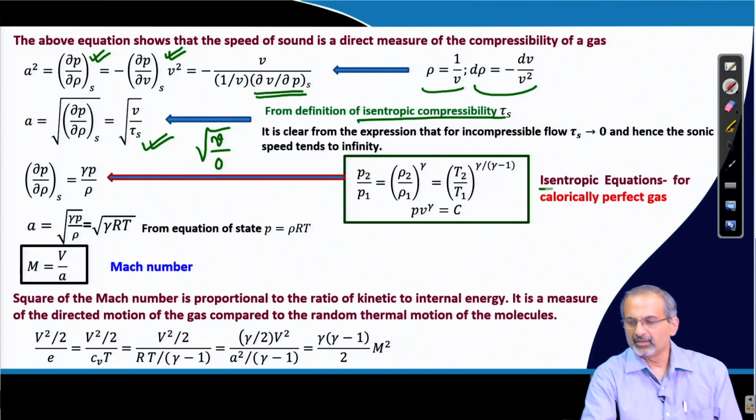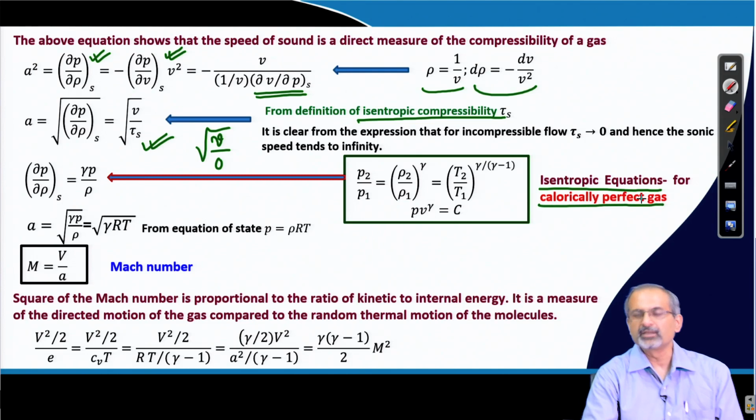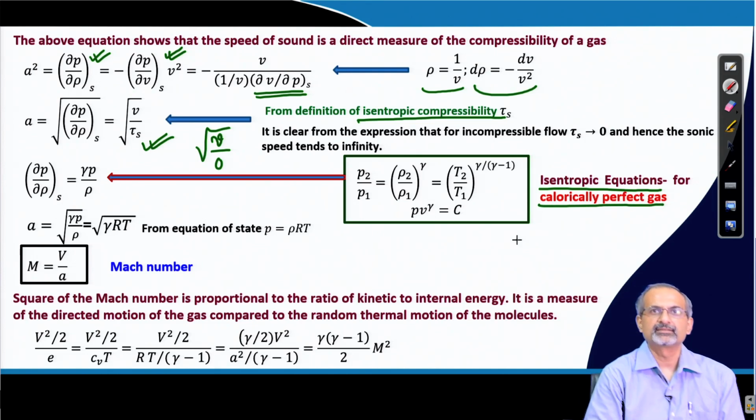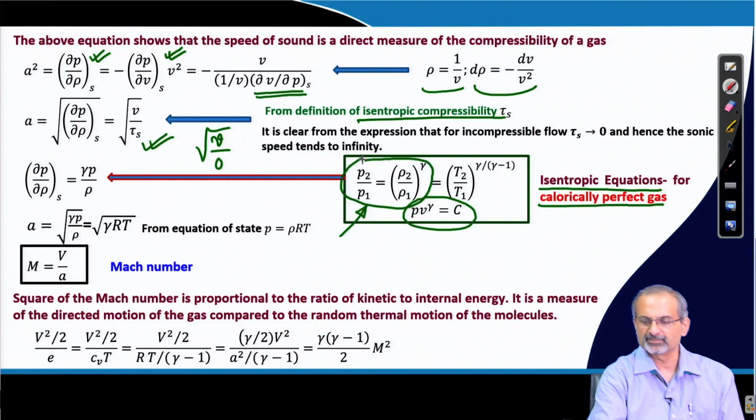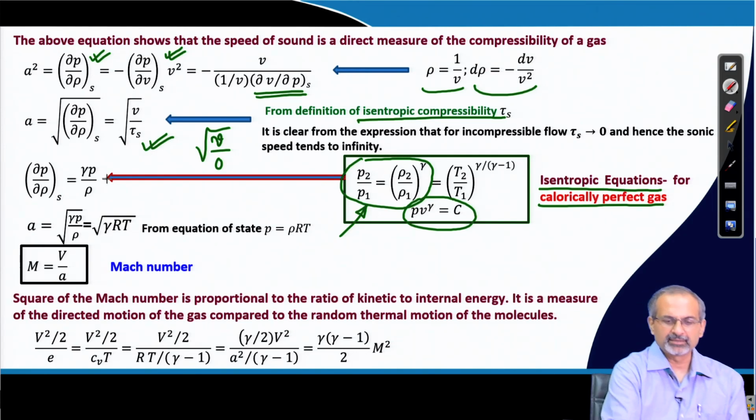Now, if you plug in the isentropic equations for a calorically perfect gas, you invoke these relations, and you can use this as a combination of these two portions. So, that is P v to the power of gamma equal to constant. How does it help? It helps us to evaluate the expression for del p del rho for the isentropic case to be gamma p by rho.